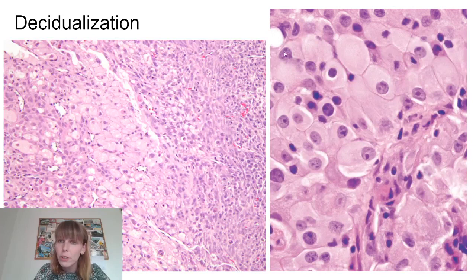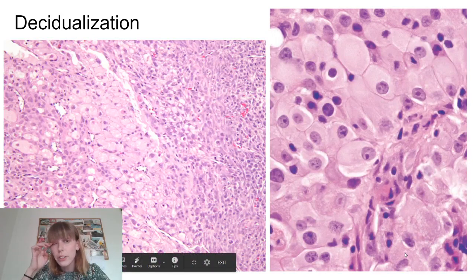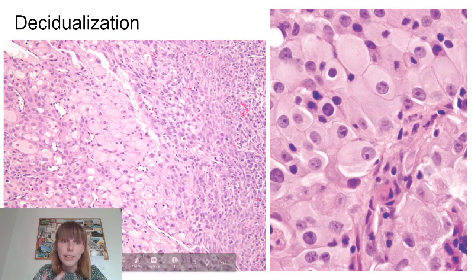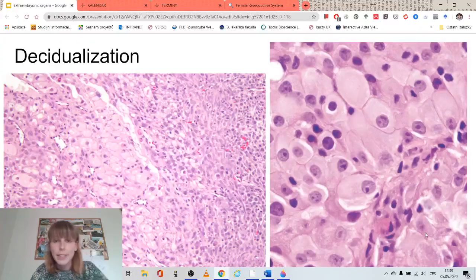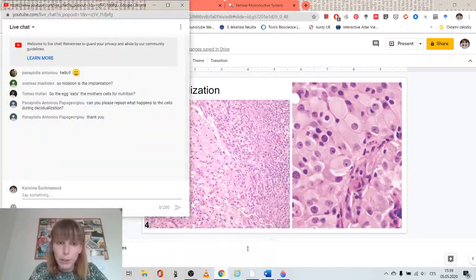Whenever we meet something like this, either in the placenta or in the fetal membranes, these will be the cells of the decidua, the maternal part of the tissue, because it's just a very changed endometrium. So it's still the maternal part. It's part of the wall of the uterus. So this is decidua under the microscope.